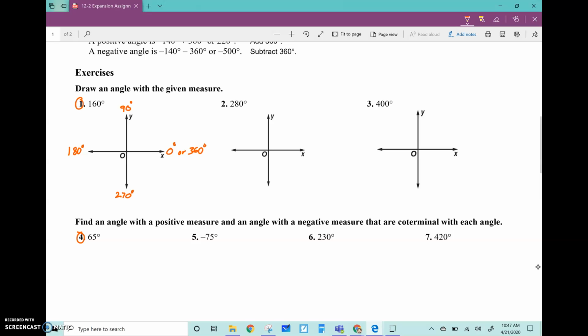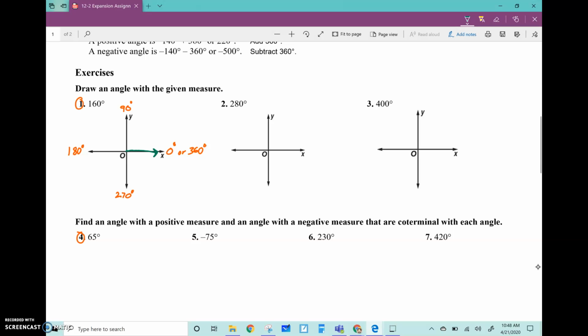All right, so we need to draw an angle with 160 degrees. So I don't have to add or subtract 360 like the example above. I can just go ahead and plot that. I'm going to do that here in green. And I need my side that lays on the x-axis. That's my starting point. And 160 we know is going to be in between 90 and 180.